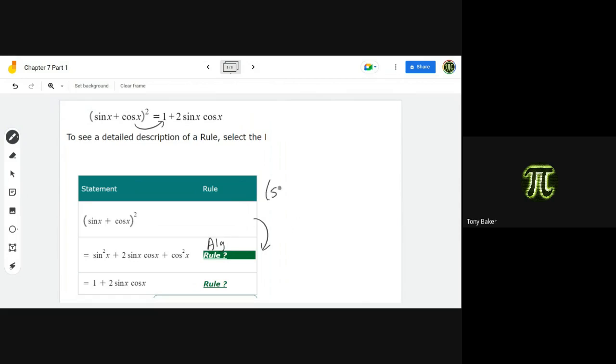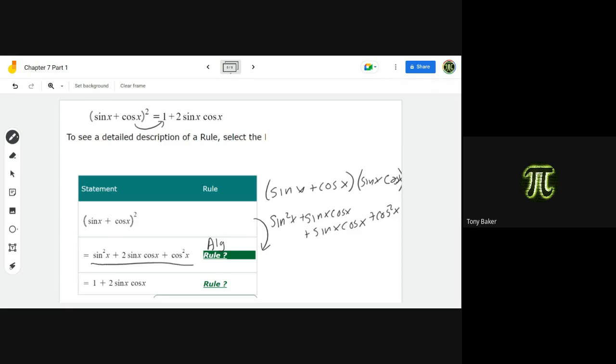So remember, we had sine of x plus cosine of x times sine of x plus cosine of x, and I'm running out of room. So you FOIL it out, and you get sine squared x plus sine x cosine x plus sine x cosine x plus cosine squared x.